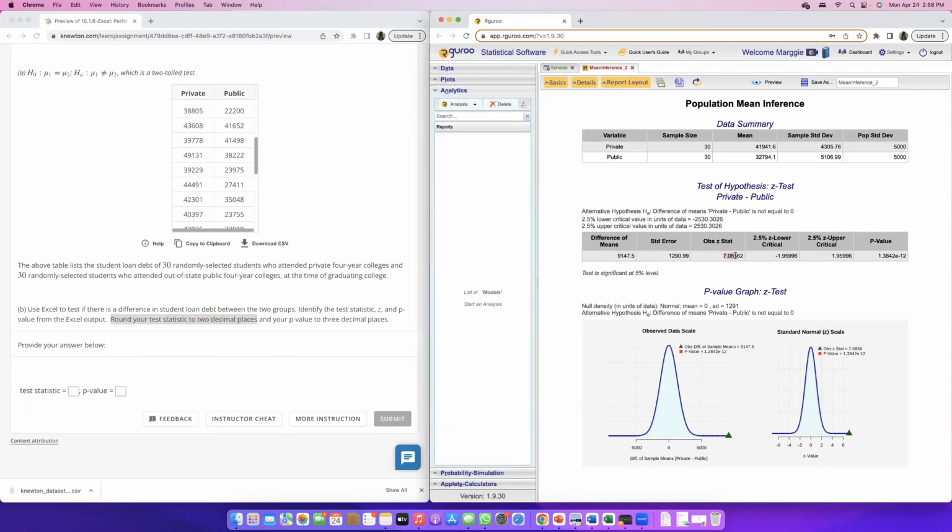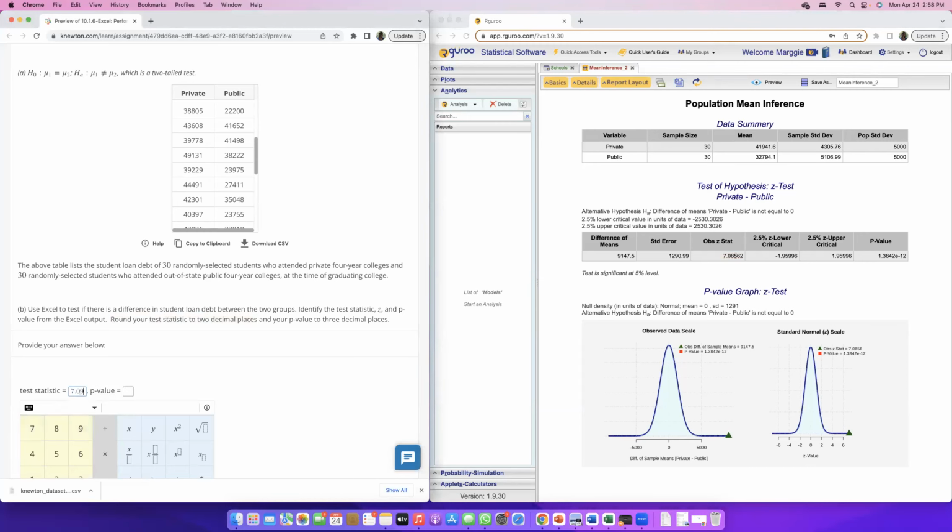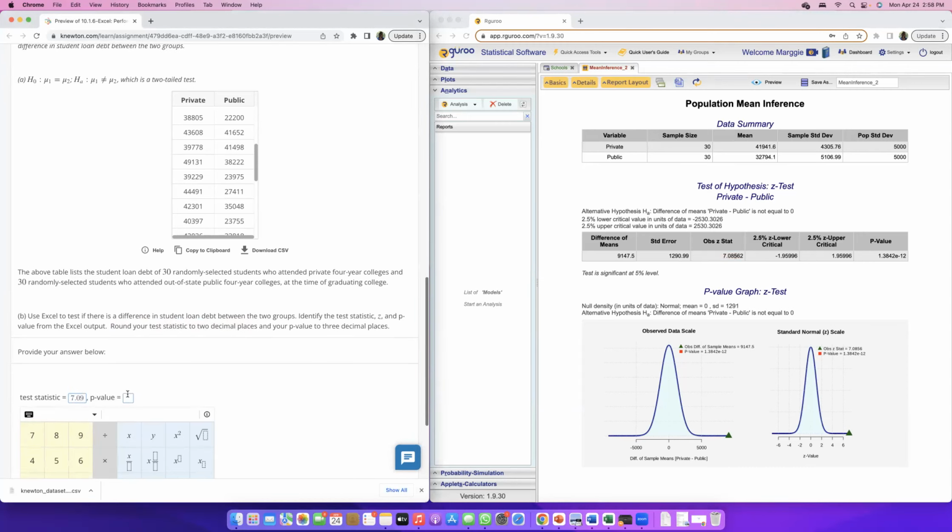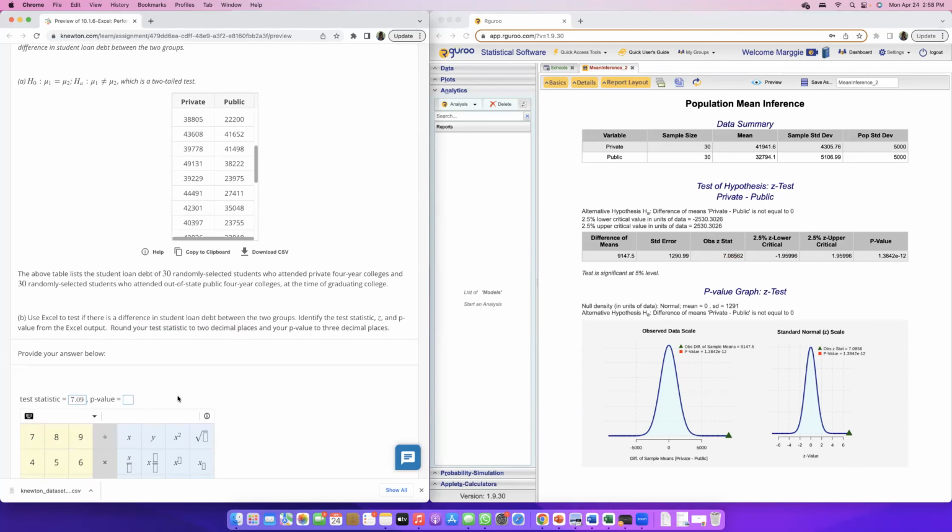So the test statistic is this one in here, 7.08, but because we have a 5, this in here is going to be 7.09 rounded to 2 decimal places. The p-value is 1.38 times 10 to the power of minus 12.